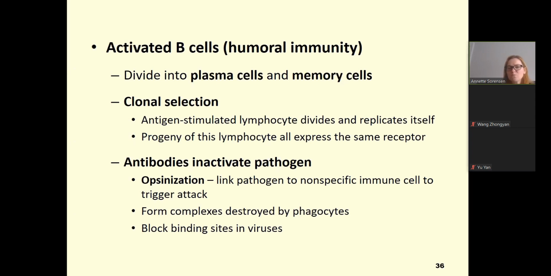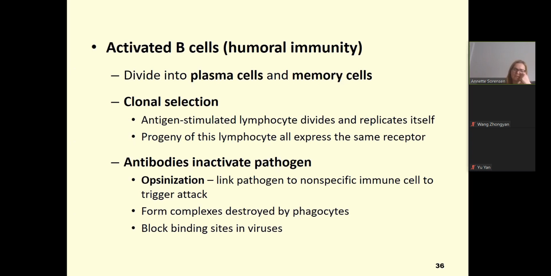This is where the antibody marks the cell for others, for example for complement proteins to come in and destroy the cell, or for other immune cells such as macrophages to trigger an attack.